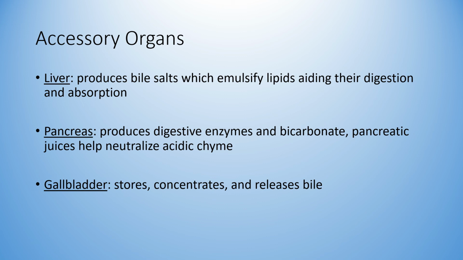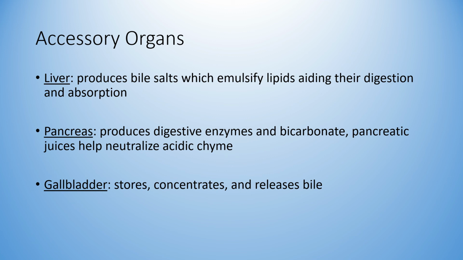In terms of some of the accessory structures present with the digestive system, you have the liver. You may remember that some of these have dual functions with multiple systems, so they might be involved with the endocrine system, etc. The liver produces bile salts.